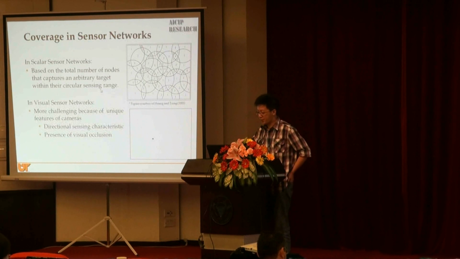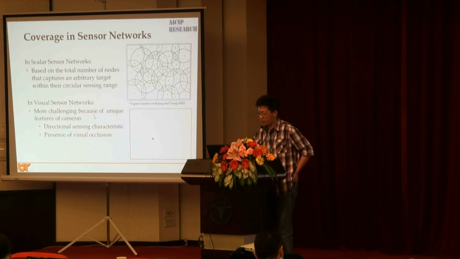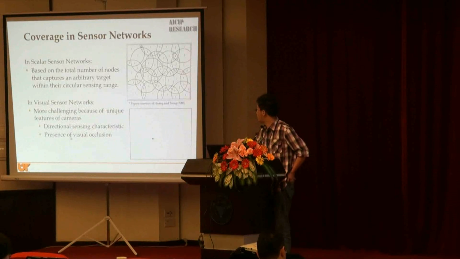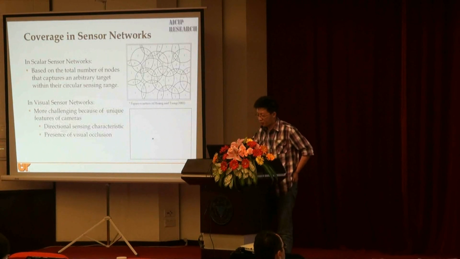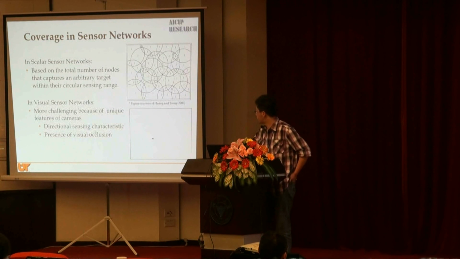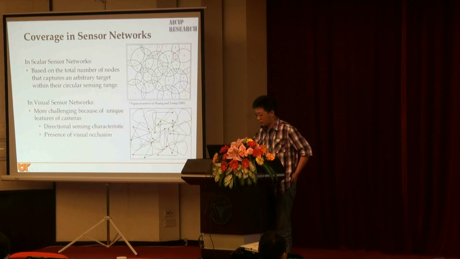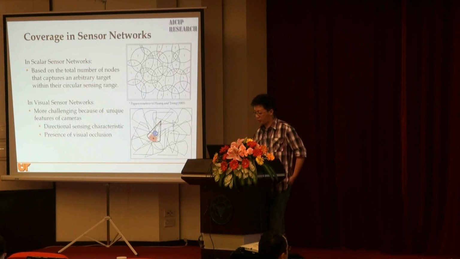But in visual sensor networks, it is more challenging because of the unique features of cameras, as we have introduced: the directional sensing characteristic and the presence of visual occlusion.